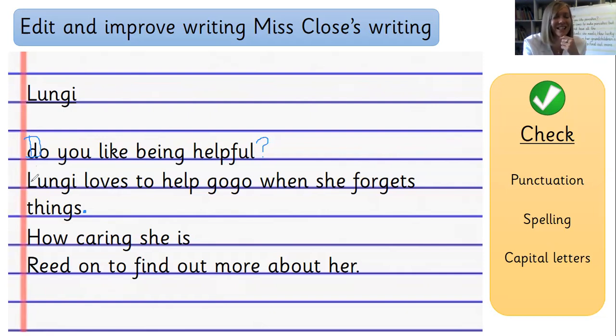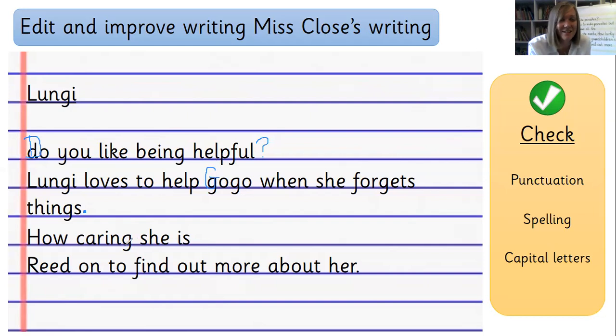All my sentences start with a capital letter. But look across here. Can you see that I have not used the capital letter for Gogo? That's a name. So even though it's in the middle of my sentence, it needs to have a capital letter. Gogo is a name. Oh, good job, I'm checking my work.